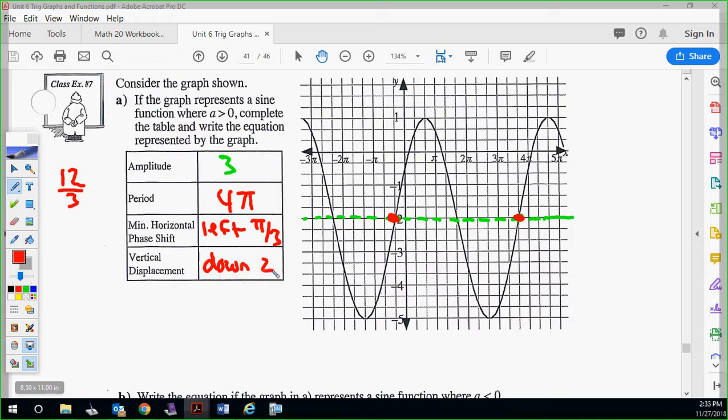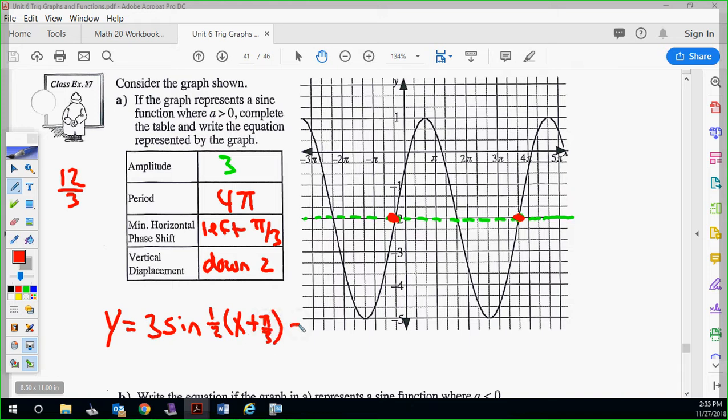Okay, so if we finish this and write the equation, that's what it asked me to do here for B. I'm just going to write it right below. We're writing the equation of this, and then we're going to do an equation when it's negative. So it's y equals 3 sine. Period's 4 pi, so I want 1/2. And then I want x plus pi over 3.